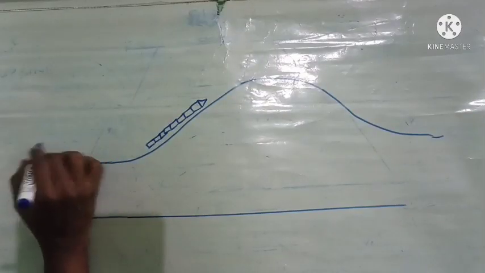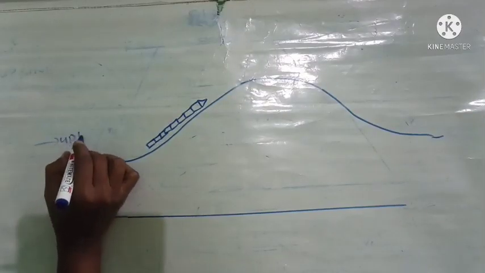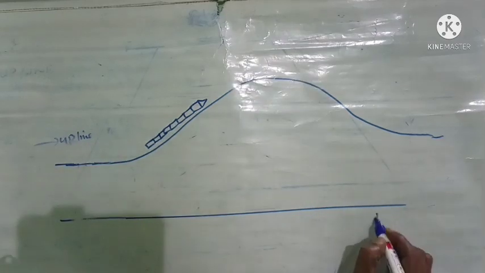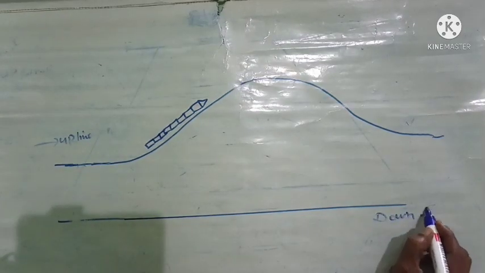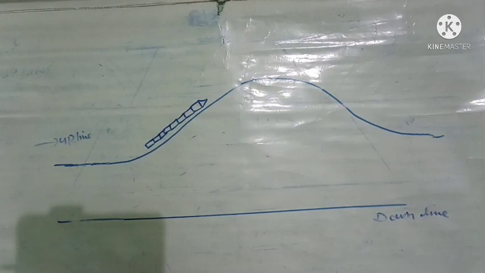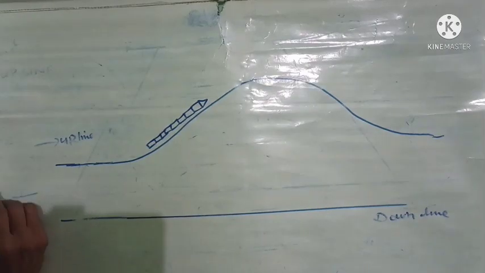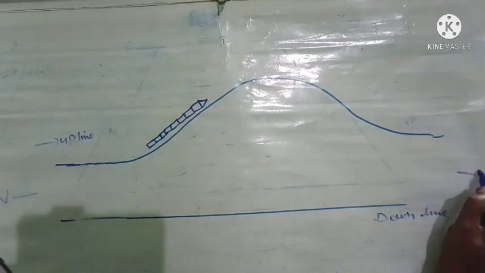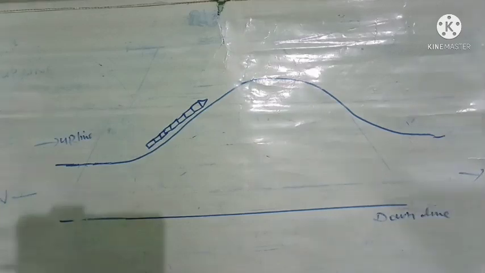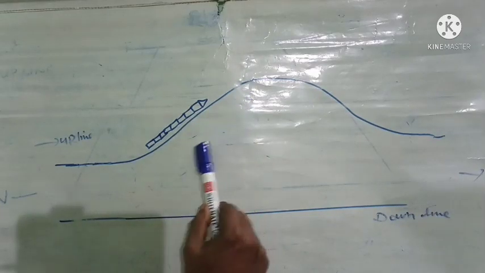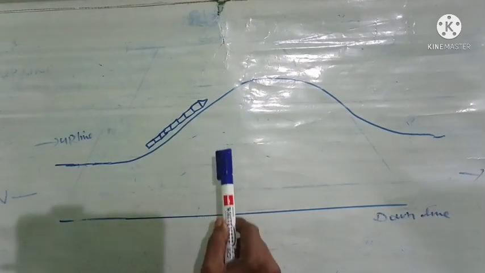Here this is the upline, here this is the downline. Now this is the section between, here the station is W and here the station is X. This is the portion of the track we have now taken to see how these gradients are named.